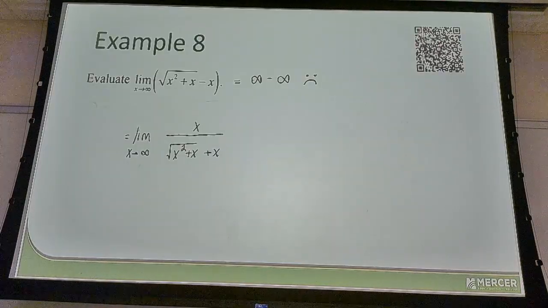Yeah, wouldn't you be multiplying it by the square root of x squared minus x plus x? It's already a minus, right? The conjugate's plus. Oh, yeah.